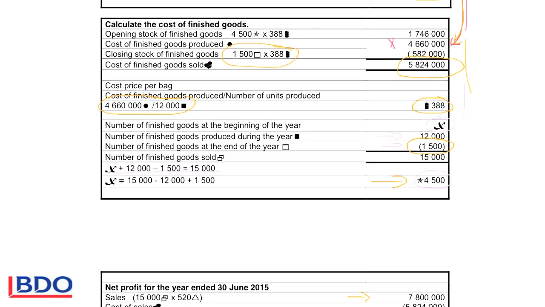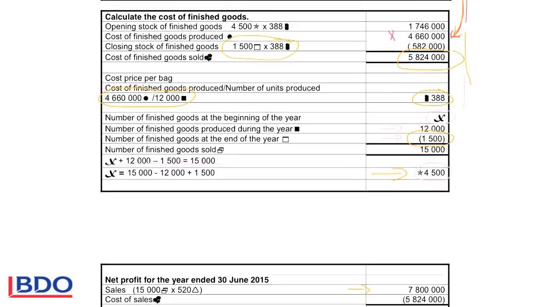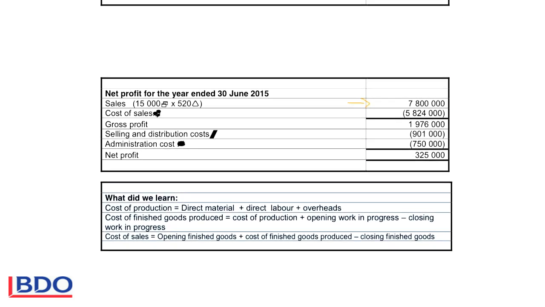So cost of sales means cost of goods already sold. So we can put in the 5,824 as cost of sales. If I subtract that, then I calculate my gross profit. They've given you the selling and distribution costs and the administration costs. If we subtract that, we will get the net profit.